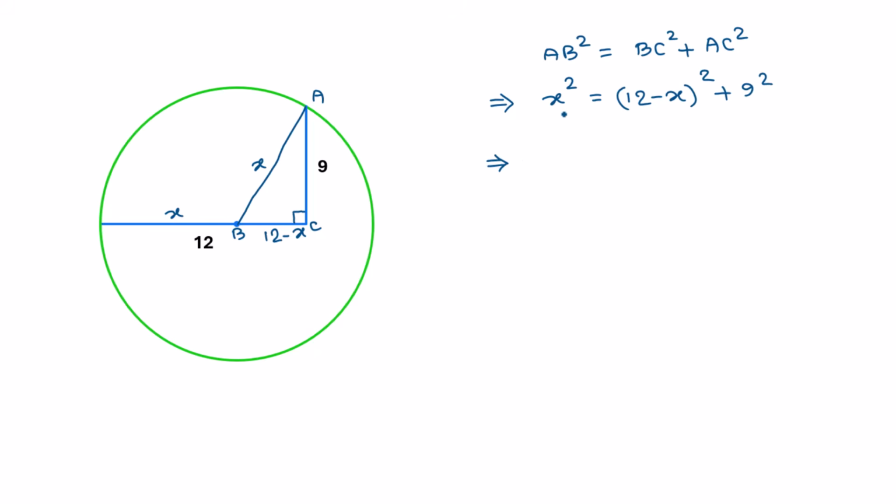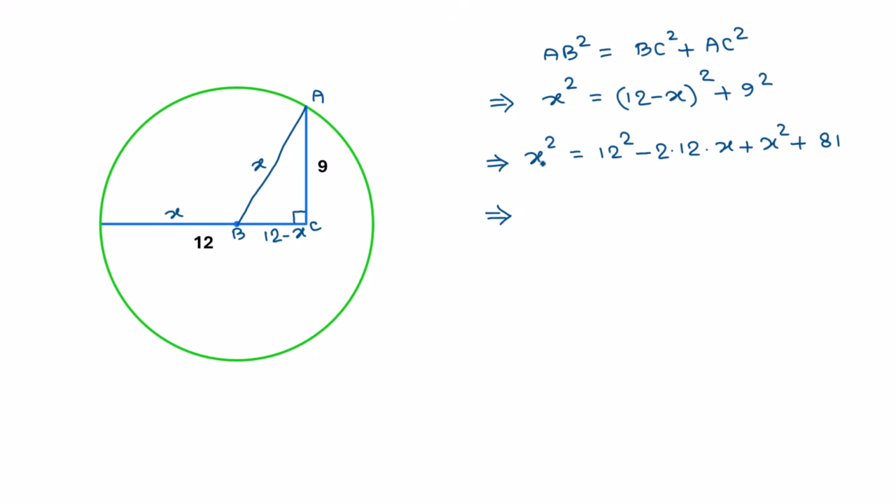Now, on the left side, x square is equal to, applying the formula a minus b whole square is equal to a square minus twice ab plus b square. So applying this formula, we can write it as 12 square minus 2 times 12 times x, plus x square, plus 9 square, which is 81.